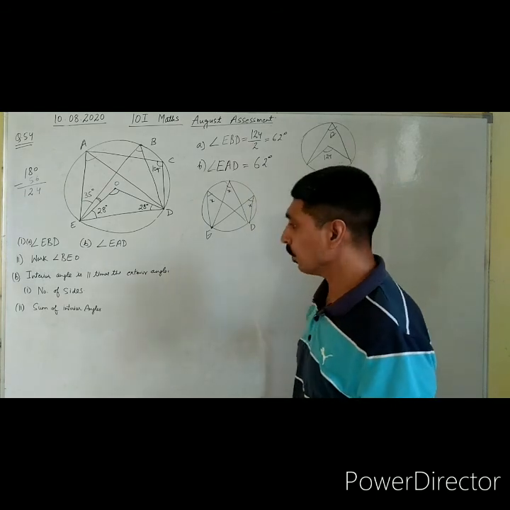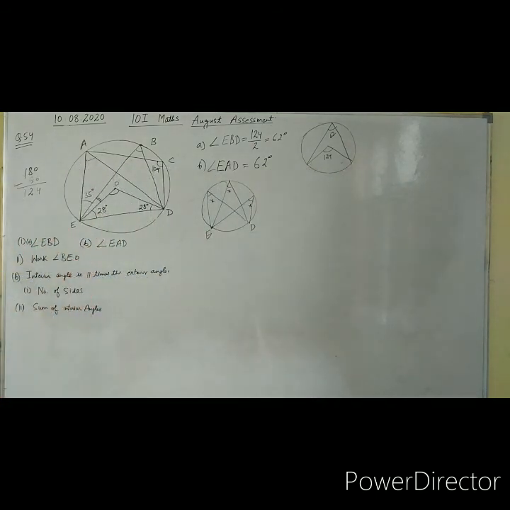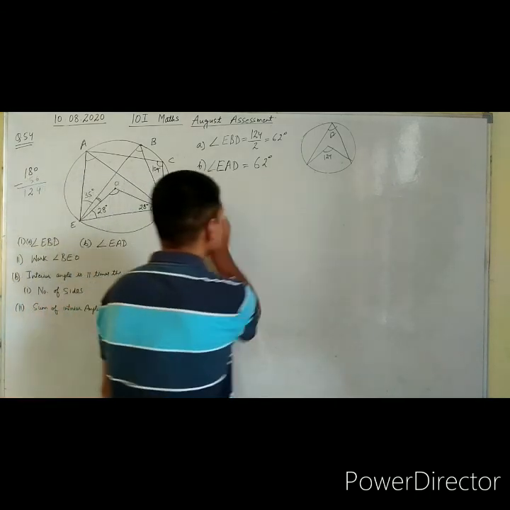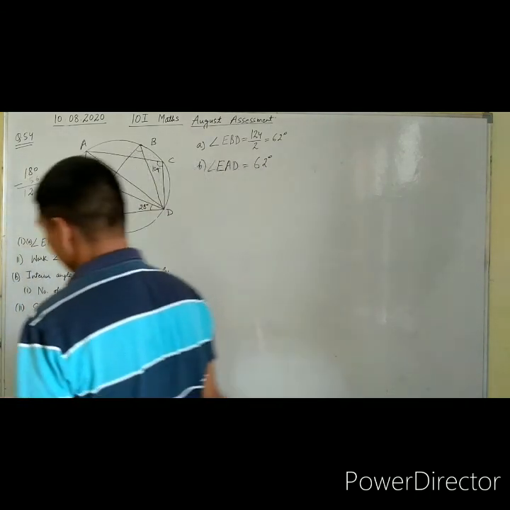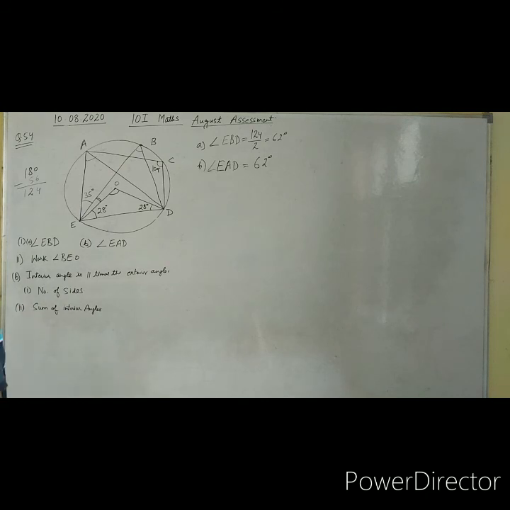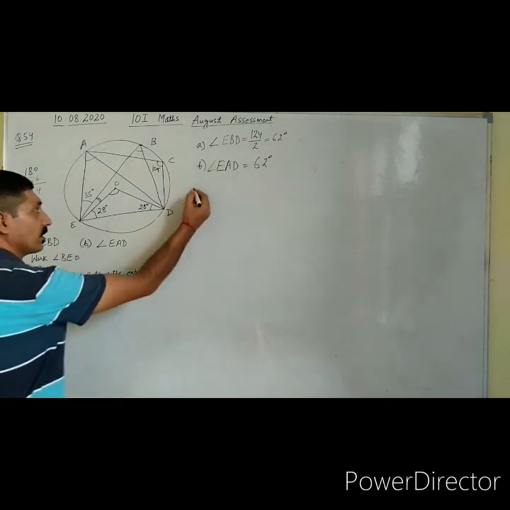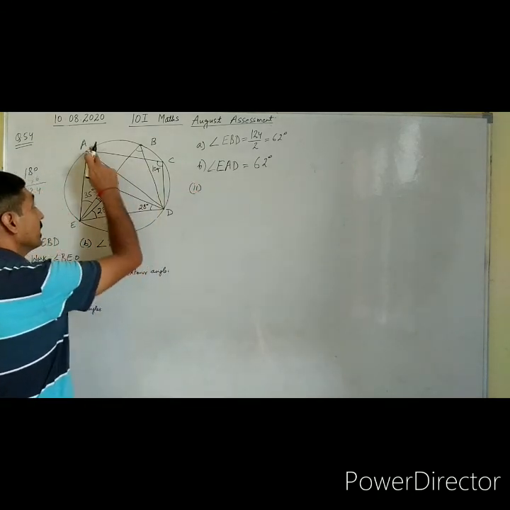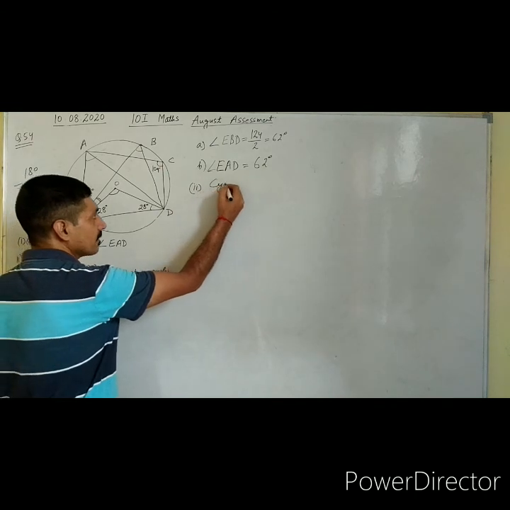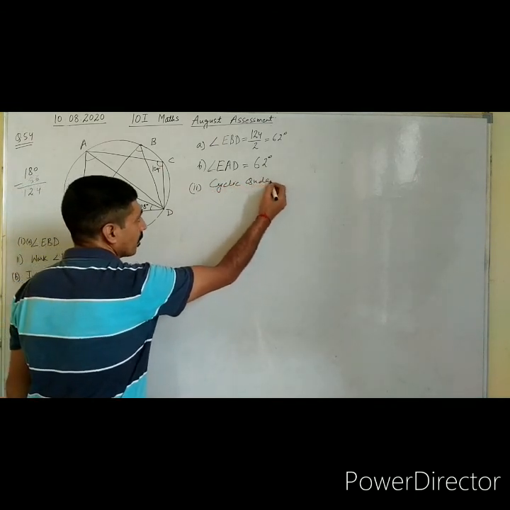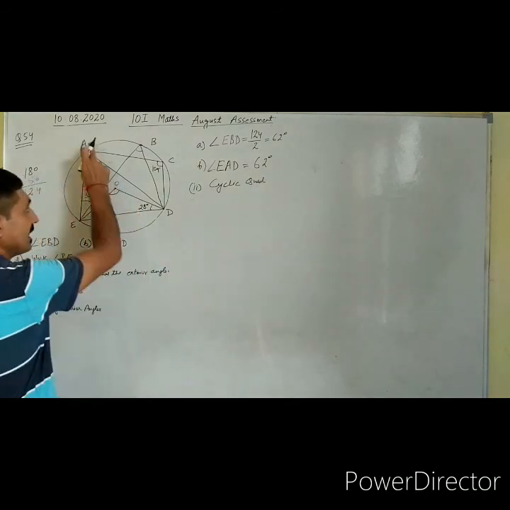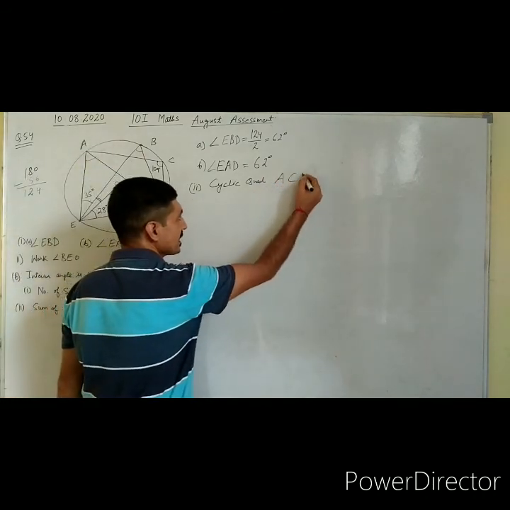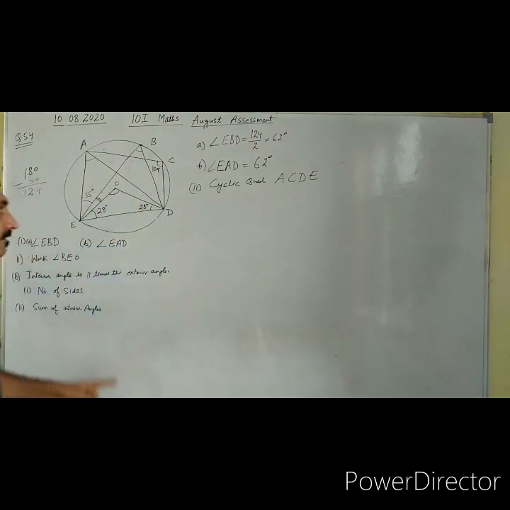Now the second part, to work out BEO. This angle BEO. Here we can apply the concept of a cyclic quadrilateral. ACDE is the cyclic quadrilateral for the second part. In this cyclic quadrilateral, what do we have?